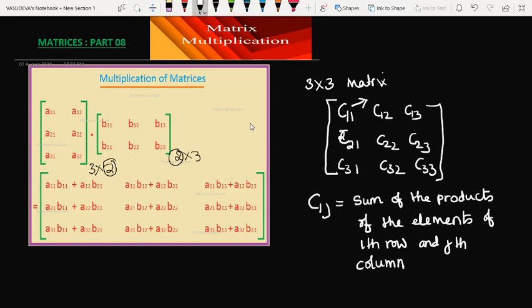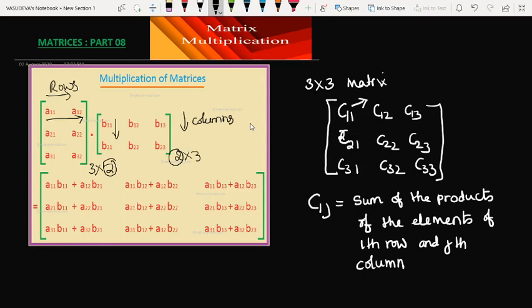So when you multiply these matrices, we have to consider the rows of the first matrix and we have to consider the columns of the second matrix. So when you multiply, the first row is multiplied with the first column of the second matrix.